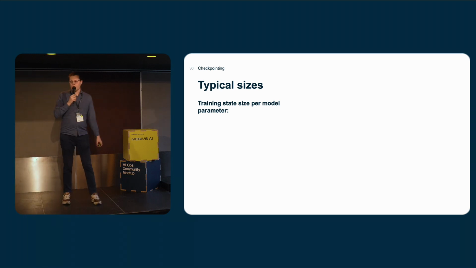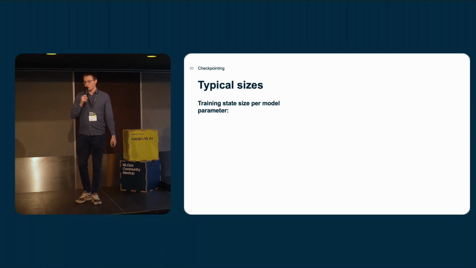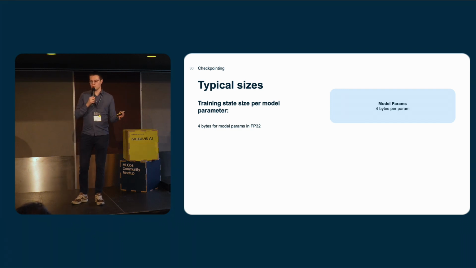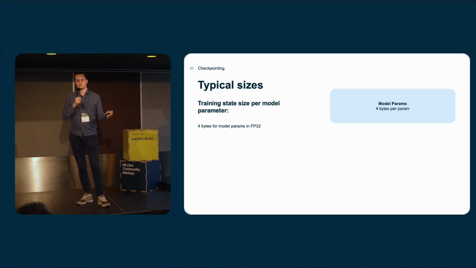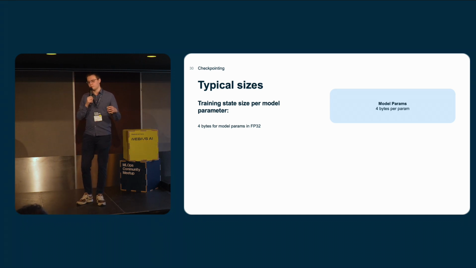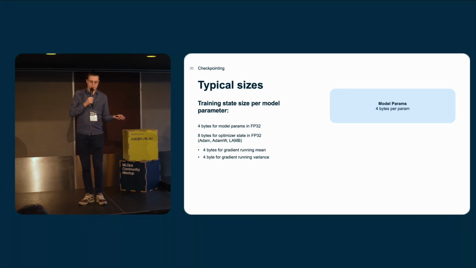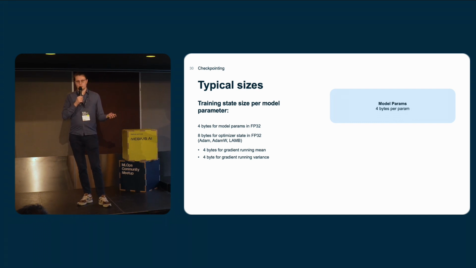Yeah, and as I mentioned earlier, we are using a checkpointing mechanism to preserve progress in case of any failure. Typically for a large language model, checkpoint size sums to 12 bytes per model parameter, as it consists of the model parameters themselves in full precision and the optimizer state in full precision.